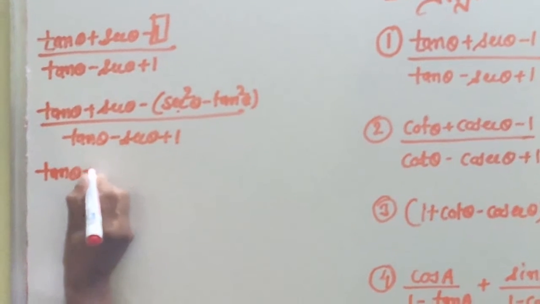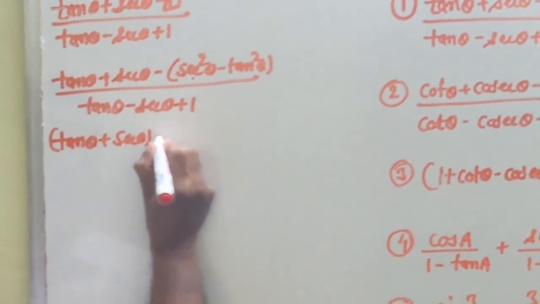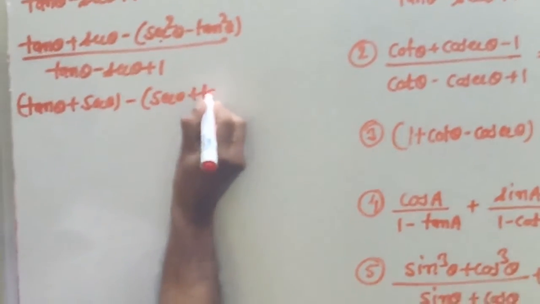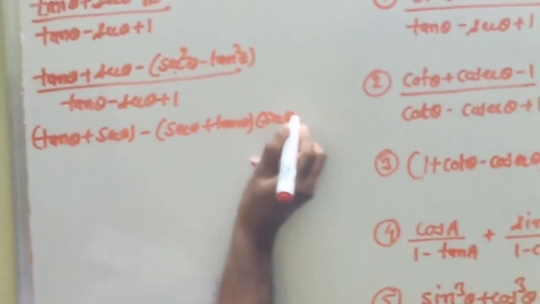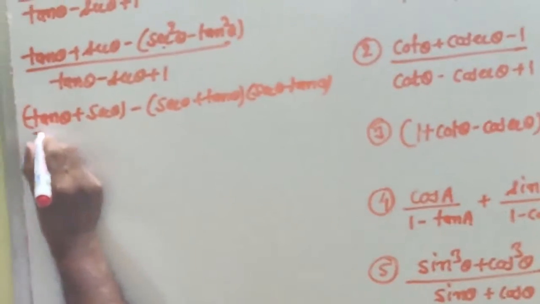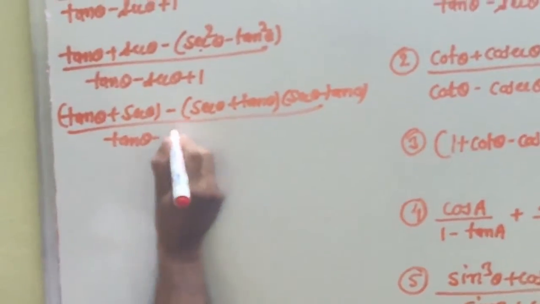Now minus, here I am writing sec theta plus tan theta into sec theta minus tan theta. Can I write down like this? Now the denominator will remain the same, tan theta minus sec theta plus 1.